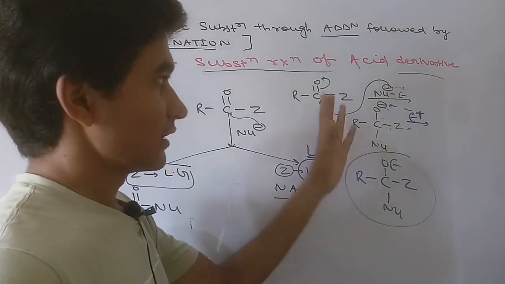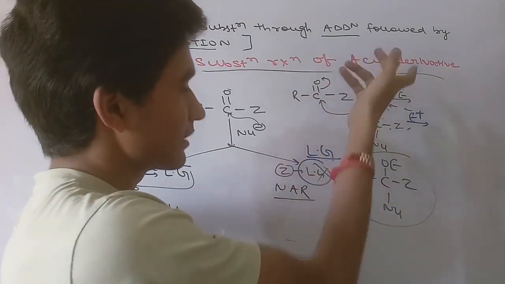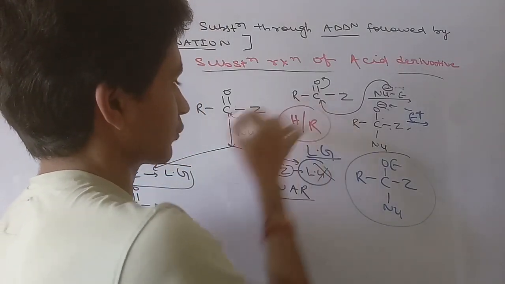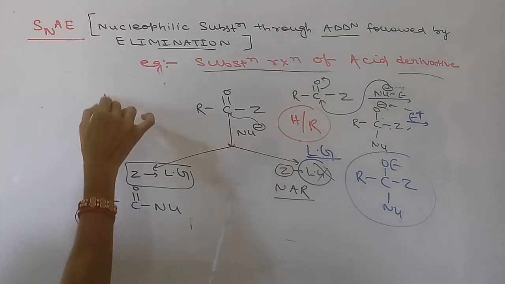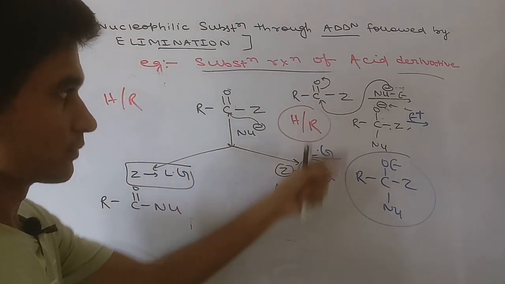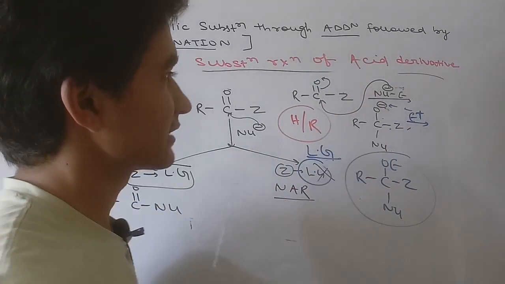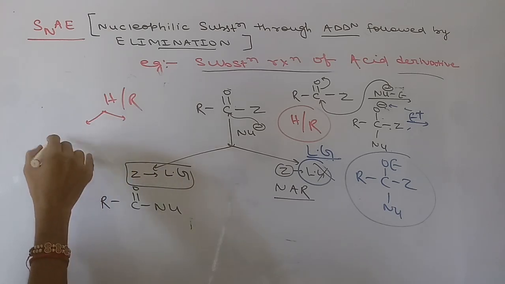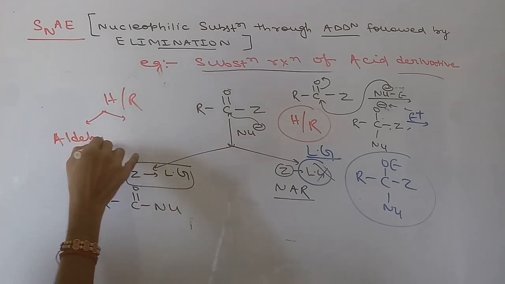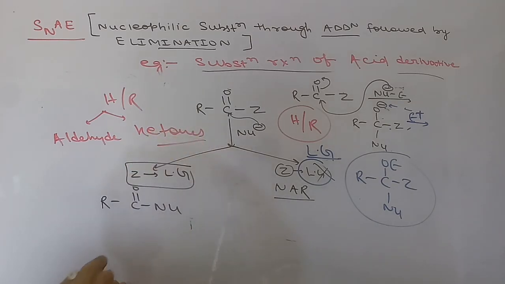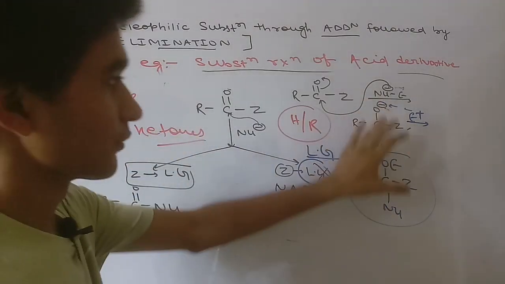And when Z is not a good leaving group, if Z is hydrogen or Z is an alkyl group, I am again telling, then Z is not a good leaving group, then these compounds will undergo nucleophilic addition reaction. And we have seen that carbonyl compounds, that is your aldehydes and your ketones, undergo nucleophilic addition reaction.